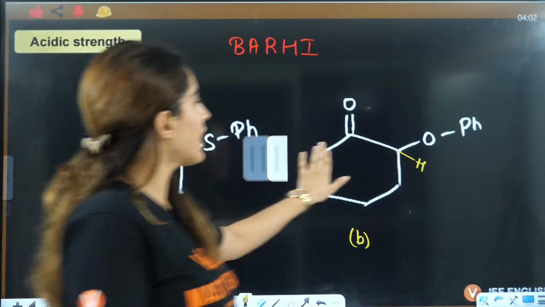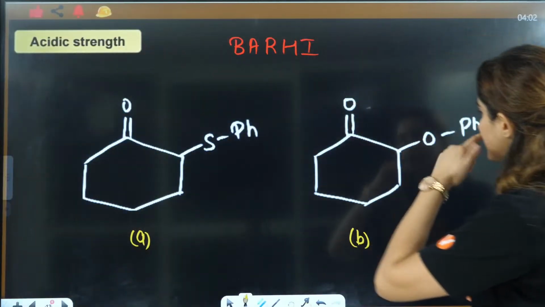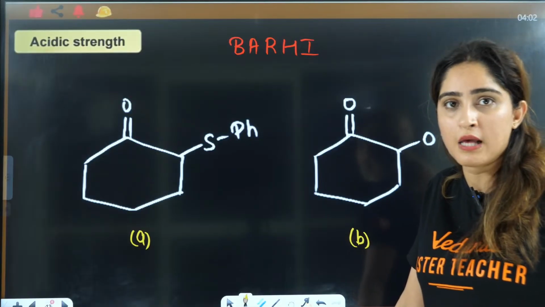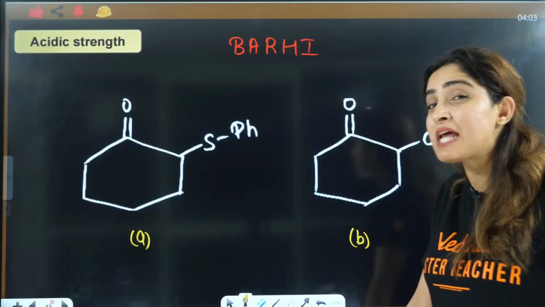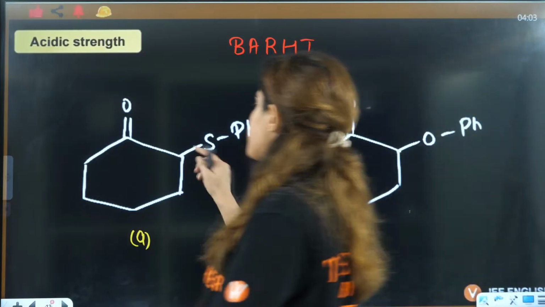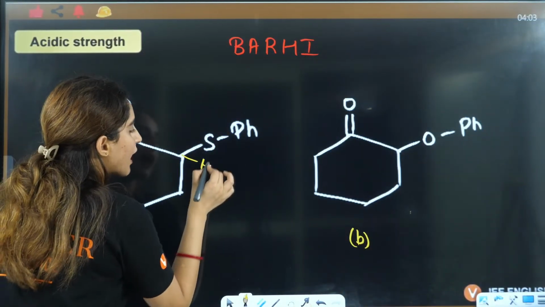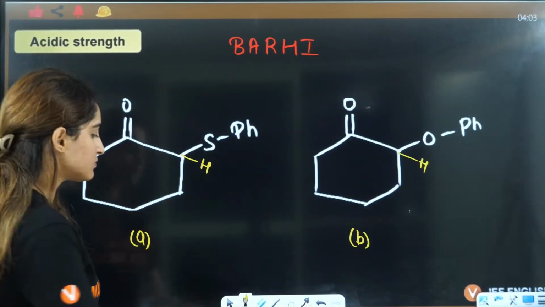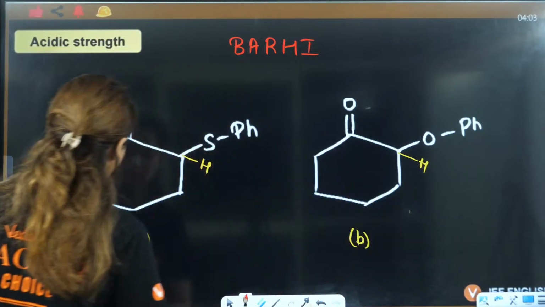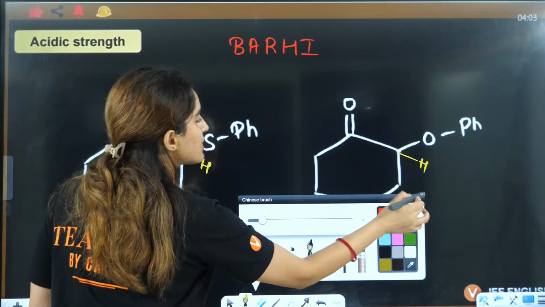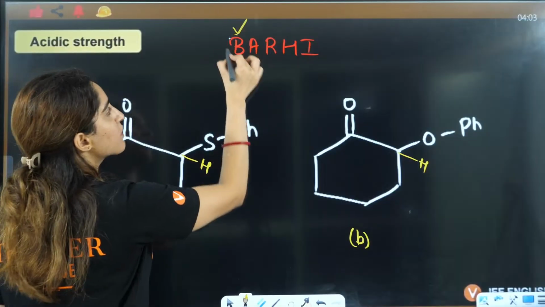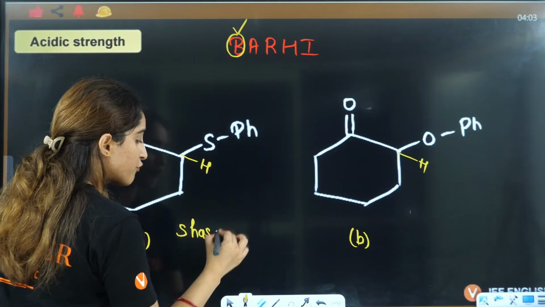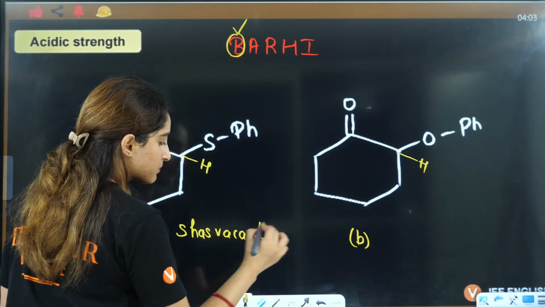Now, because they have given you this compound, you will think, ma'am, where is this hydrogen which it needs to lose? So, which is the most acidic hydrogen? This will be the most acidic hydrogen, which is not visible to you. Now here, you will see that back bonding is applied, because sulfur has vacant d orbitals.